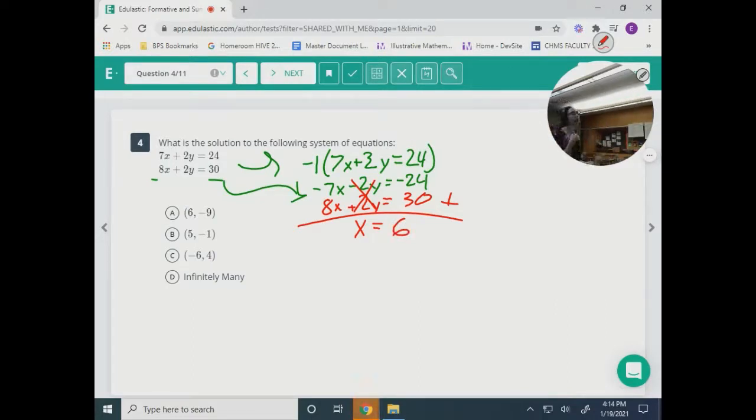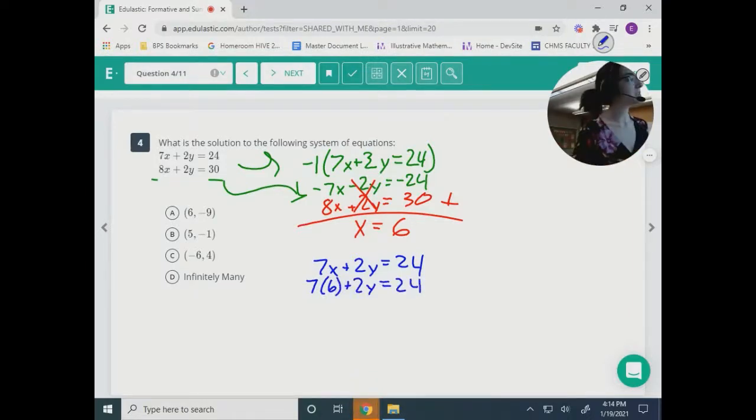So in theory, you can take that 6, plug it into one of your equations, and get your solution for y. In this case, 7x plus 2y is equal to 24. I just picked the smaller one. 7 times 6 plus 2y is equal to 24. 7 times 6 we know is equal to 42.